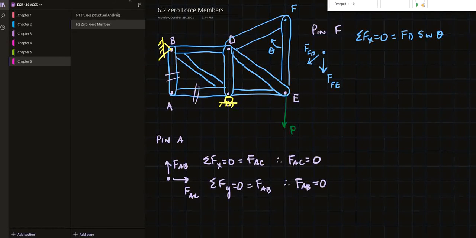Well, sine of theta equals something here, I don't know exactly because I don't know what that angle is, but I know it equals something. It doesn't equal 0, that's for sure. Since this is not equal to 0, that must mean that FD does equal 0. FDF, really.